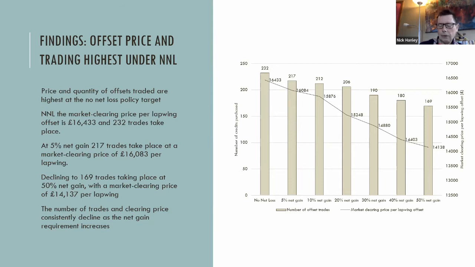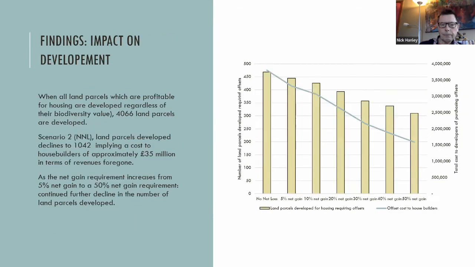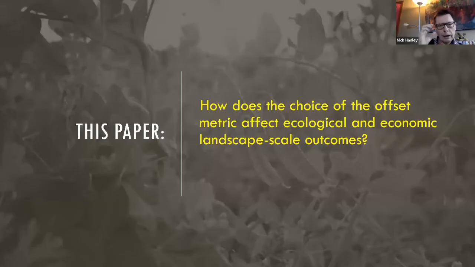As the net gain target is cranked up, the equilibrium price of permits falls, and the equilibrium quantity bought and sold falls as well. We also find that as we crank up this net gain requirement, the amount of land parcels that are developed decreases. And I guess that's not so surprising. We're basically saying to develop, you're now having to more than offset your negative biodiversity impact. So that was kind of interesting, I think.